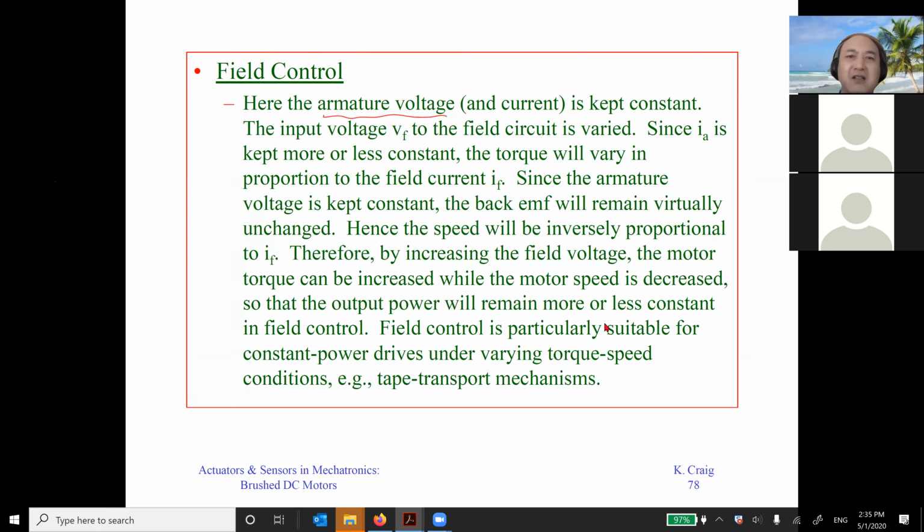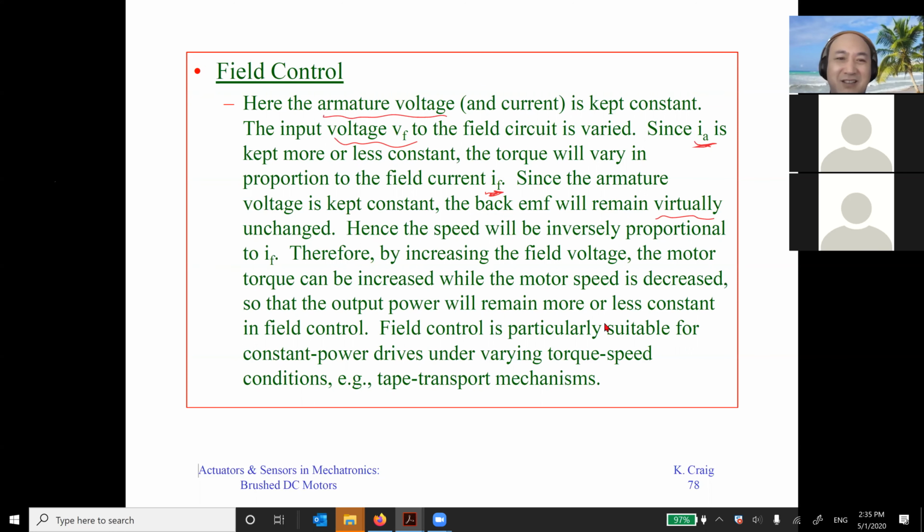That change is proportional to the IF. Remember, we are using something virtually constant, meaning it's not exactly constant. So we are going to see some of the characteristics.